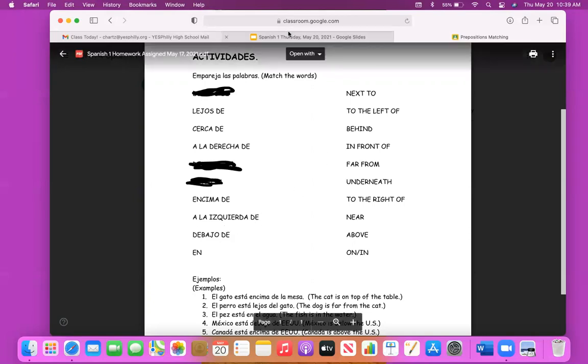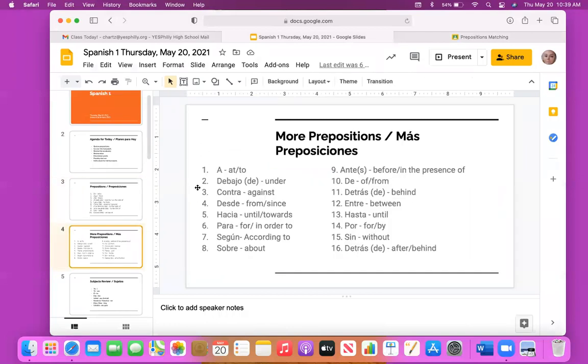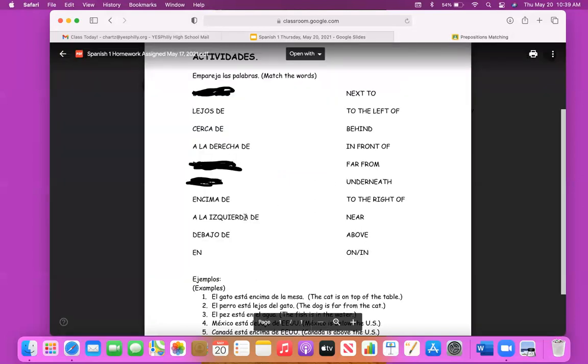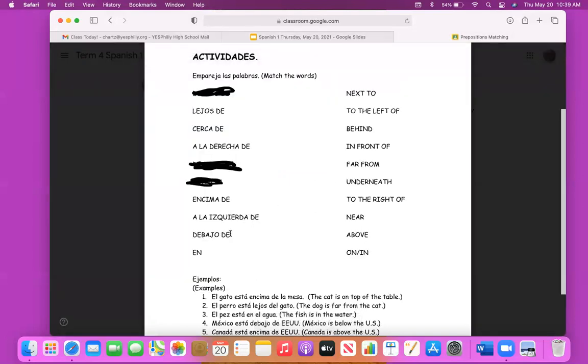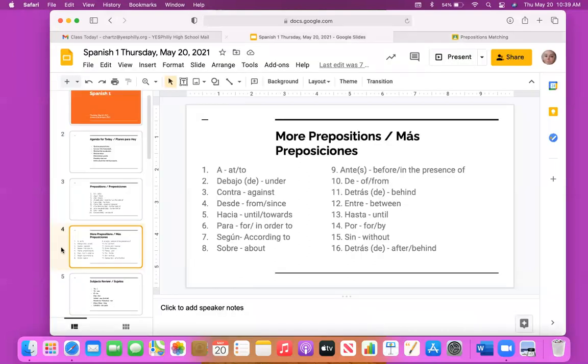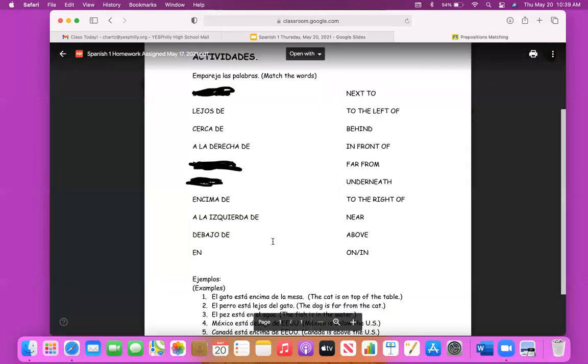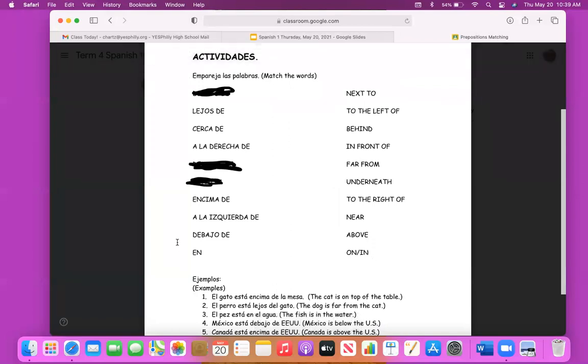Debajo de is, oh, we don't have it on this one, but it's right here, is under, right? So you would match debajo de with underneath. Yep. En, and this one we went over, and that one's on this slide, is in or on. Okay. So that one would go right here.